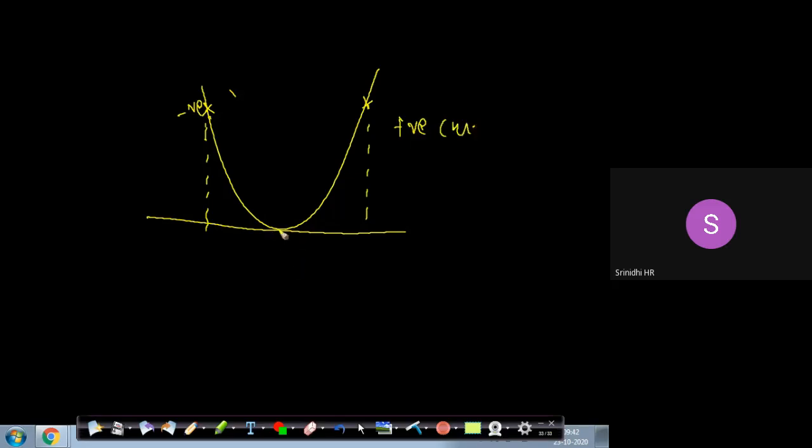This point, as you can see here, we call global minima. In the next class, I'll discuss what global minima, local minima, global maxima and local maxima are.